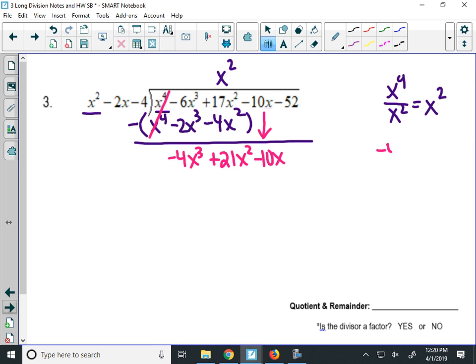Negative 4x cubed divided by x squared: negative 4x. And we multiply everything. Negative 4x times x squared is negative 4x cubed. Negative 4x times negative 2x is positive 8x squared. And positive 16x.